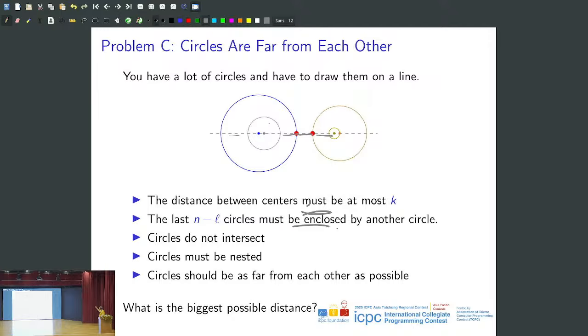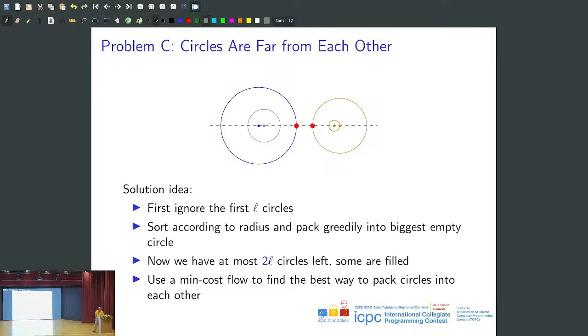But you have this additional constraint, and this makes it more complicated. What you can do is this: the first L circles can be next to each other, the others have to go inside.